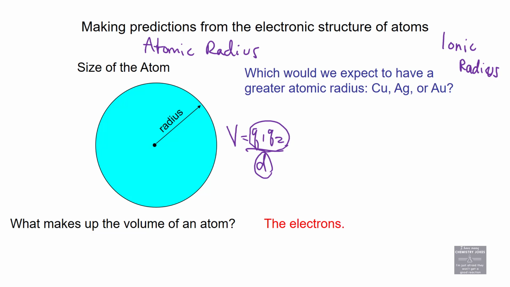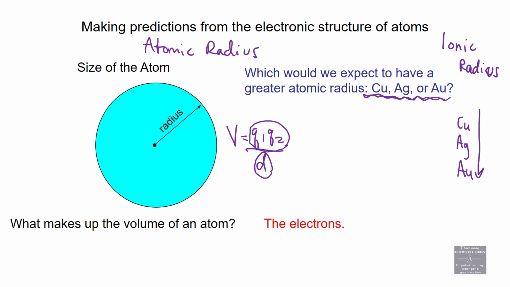So if I look at copper, silver, and gold in the periodic table, they're all three in the same group, the same column on the periodic table. And as I move down that group, what's happening to my shell number? What's happening to the distance between my nucleus and my valence electrons?